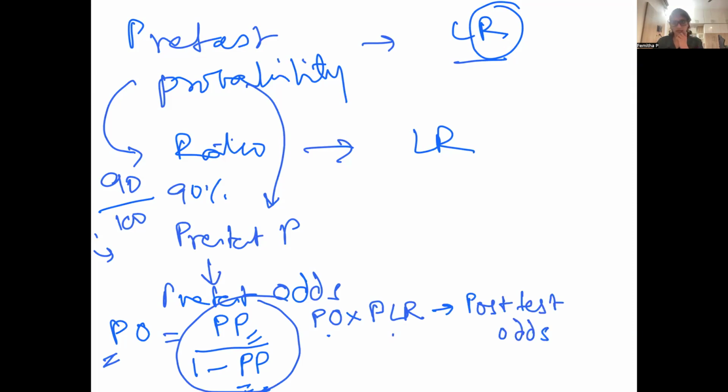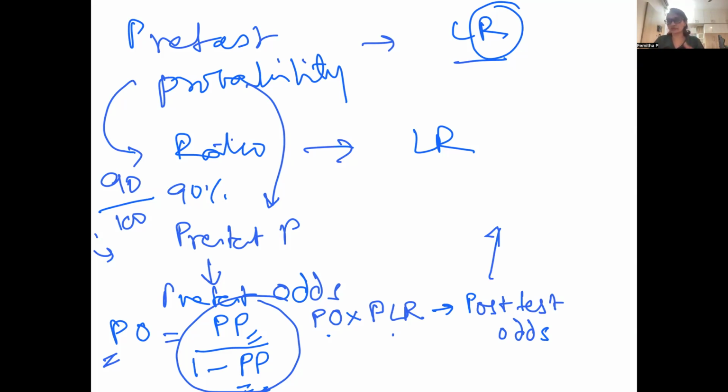Okay. But we still don't like odds. We like probability, because we like to say there is a 60% chance, there's a 70% chance. We don't like to say there's a 60-40 chance or a 70-30 chance. We like to say 60%, 70%. So we always like to change it in our mind into post-test probability. So you do the same thing in reverse. Now you want to change post-test odds into post-test probability. Why am I going on and on about this? Because sometimes it comes in OSCEs.